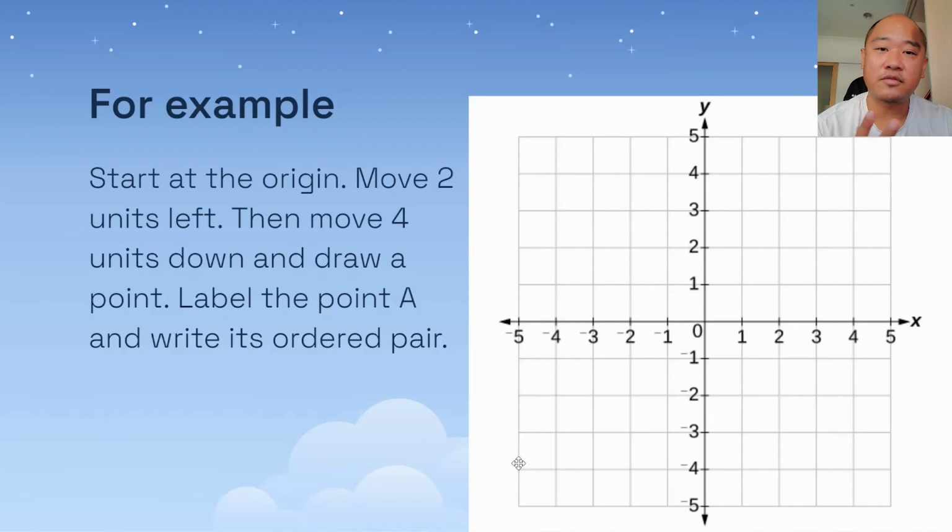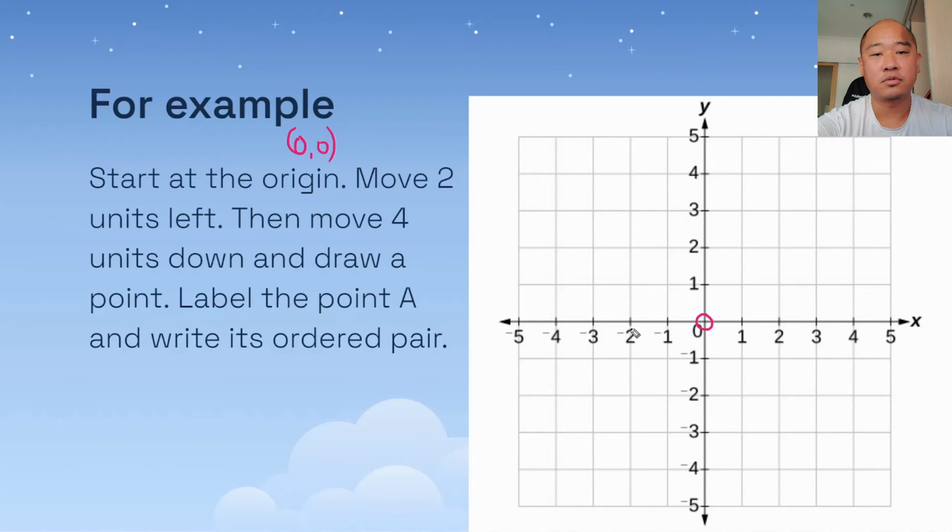What if I were to give you a set of instructions and ask you to put a point on the coordinate plane? You should be able to do that as well. So if we were to start at the origin, remember the origin is here, the 0, 0. I'm just going to write that up here just to remind you. Origin is 0, 0. And we're going to move 2 units to the left.